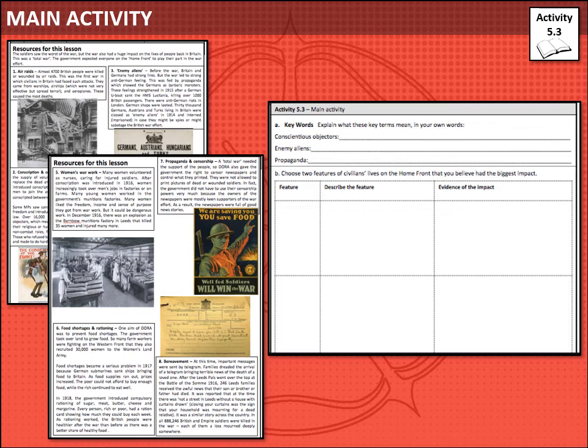You will need to describe the feature, and then you also need to give specific evidence of the impact that had. Now this is really important that you do this to a high standard for your 6th lesson, which is coming up next.